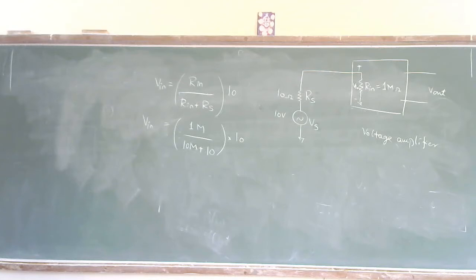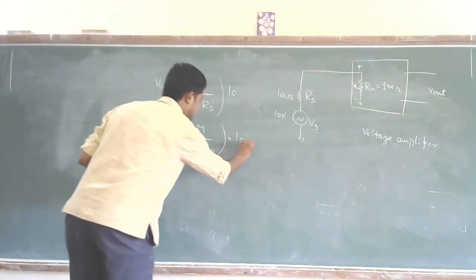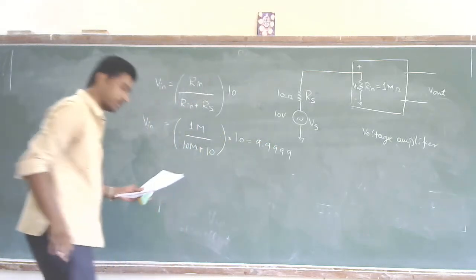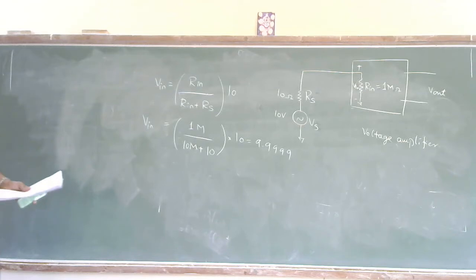So you can see, first 1m divided by 1m plus 10 multiplied by 10. Akila, can you tell me the answer? Quickly. Yes, 9.9999. I guess 4 nines. I'll keep it to that precision.